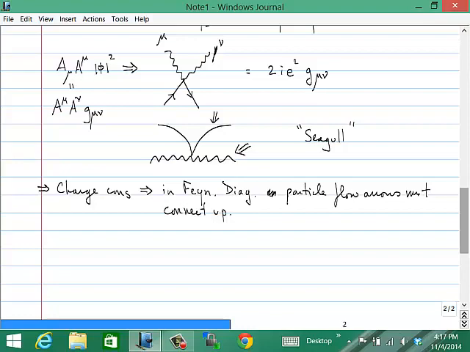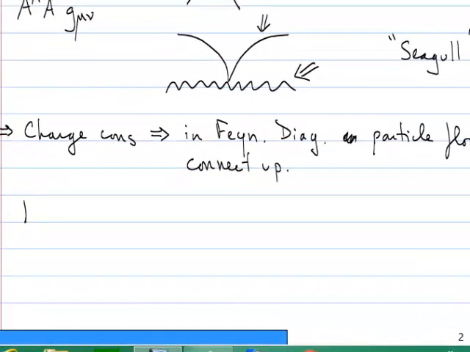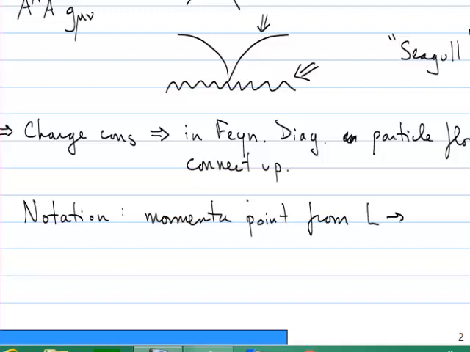And another piece of notation that we will use is that, just in order to not have to draw separately particle flow arrows and momentum flow arrows, we'll always take our momenta to flow from left to right. So momenta point from left to right.